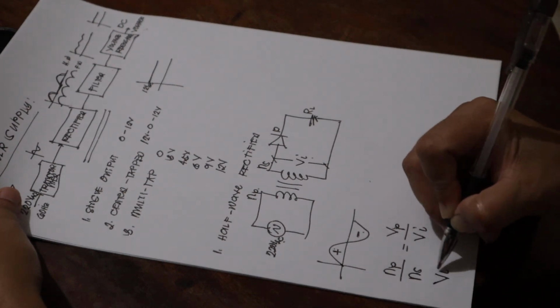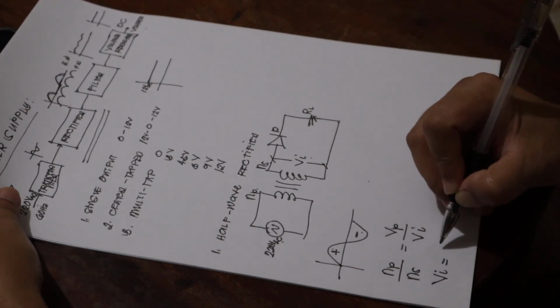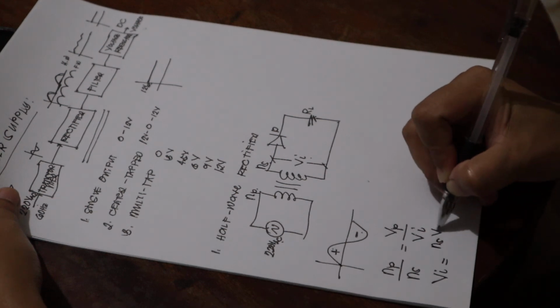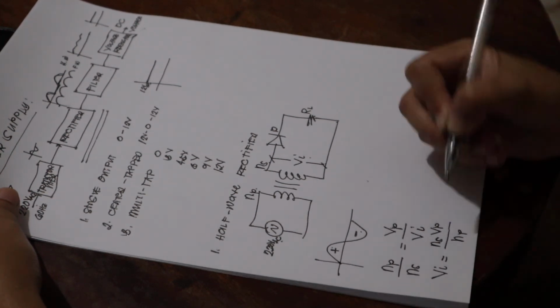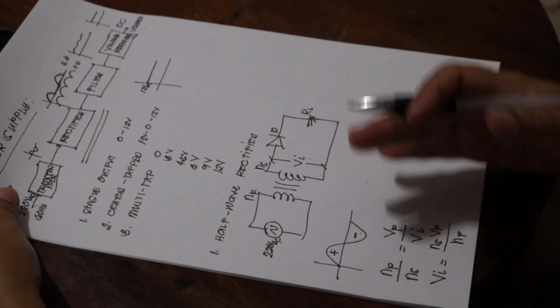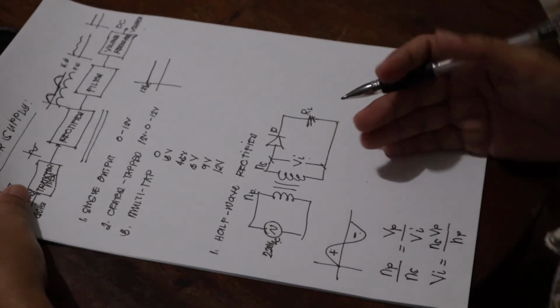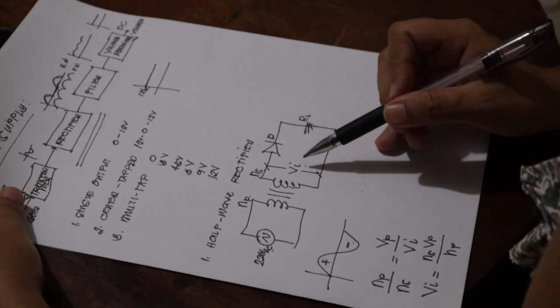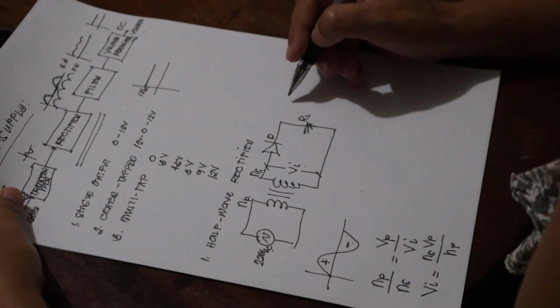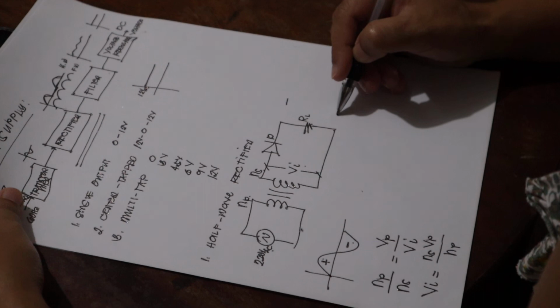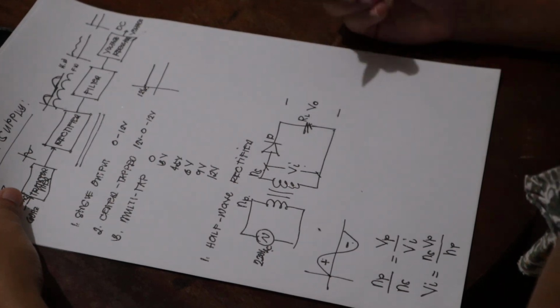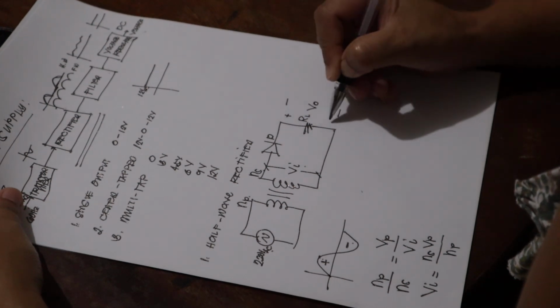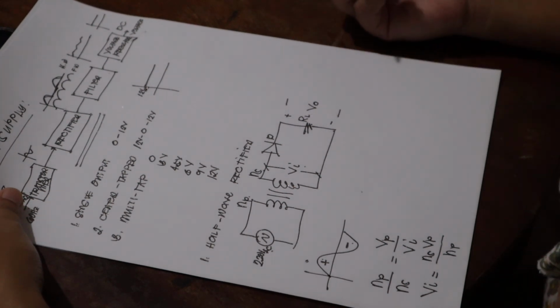So, VI, manipulating this formula, would be NS multiplied by VP all over NP. So, yun yung formula na gagamitin natin. Just in case alam natin yung VI, ang goal natin is to find yung output voltage, which is the voltage across our load resistor.